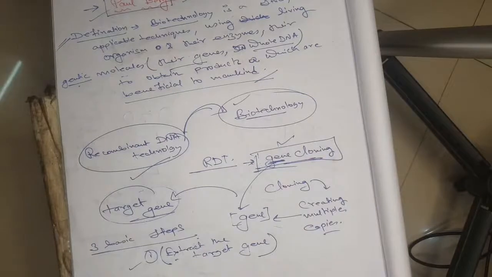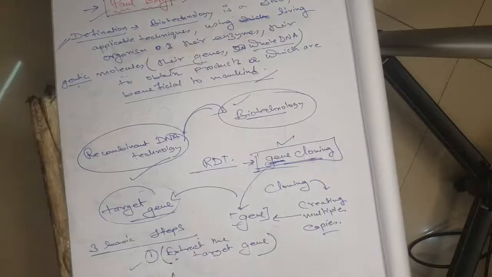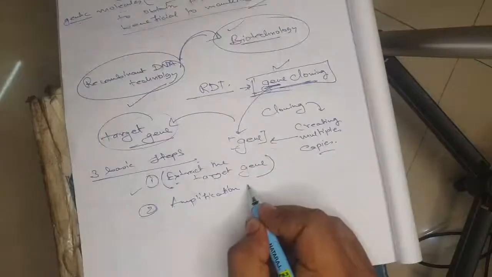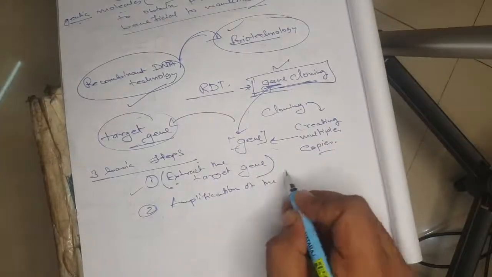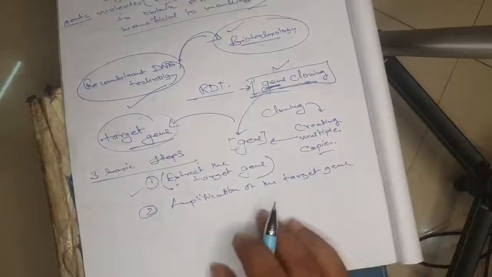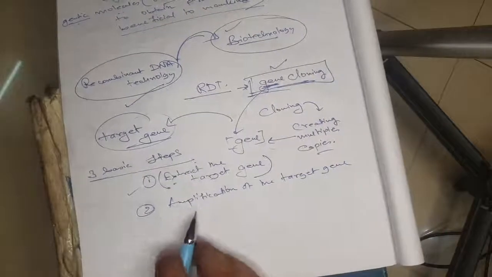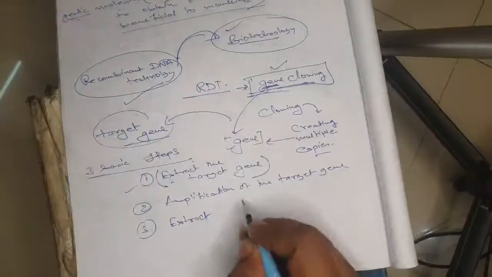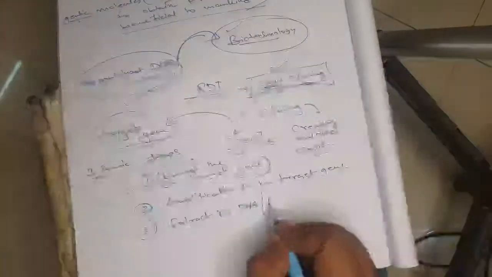Second, we have to amplify it, amplification of the target gene. And then third, extract the DNA or the product.